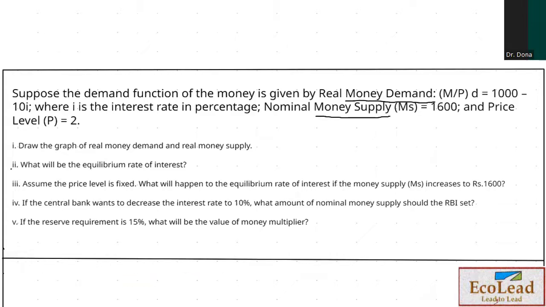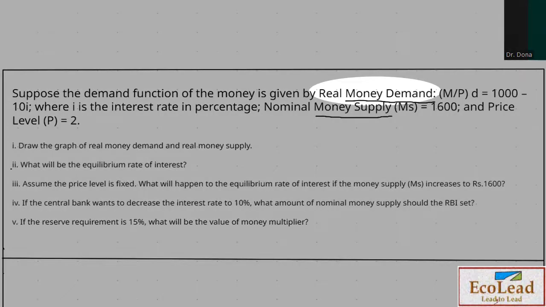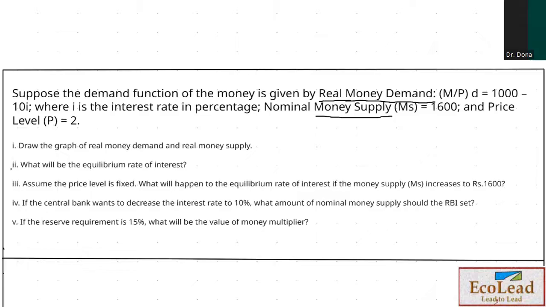Now remember, in this problem we are given the real money demand. Real money demand means the nominal money demand, which is represented by MD. If we divide this nominal money demand by the price level, we will get the real money demand. So this is our real money demand.